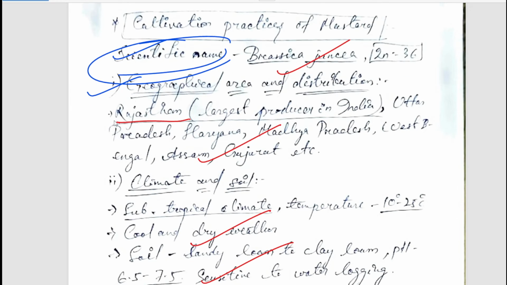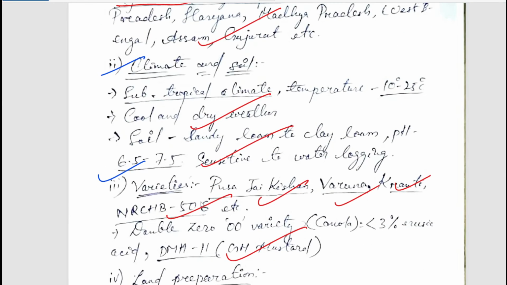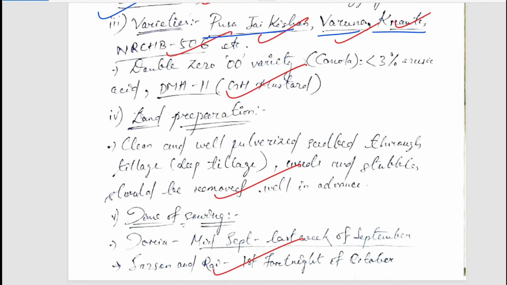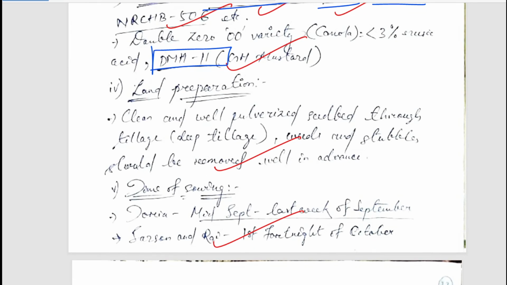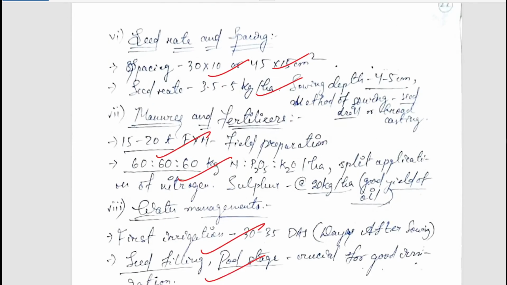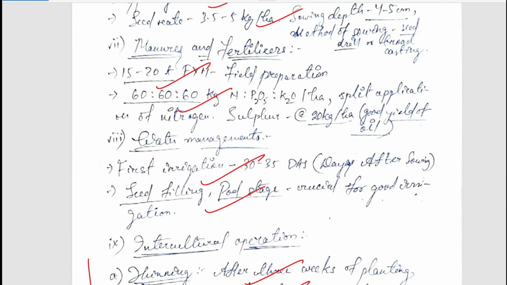Then climate and soil, and varieties such as Pusa Jai Kisan, Varuna, Kranti, all these varieties have been mentioned. DMH 11, obviously GM mustard, we all know it. And land preparation time. All the important aspects of package of practices have been mentioned here. You can simply pause and read it if you want to.